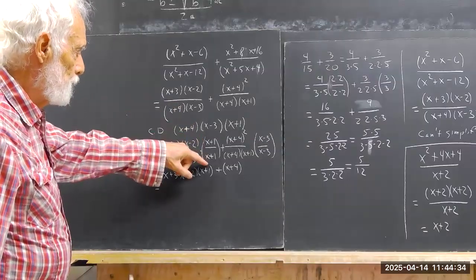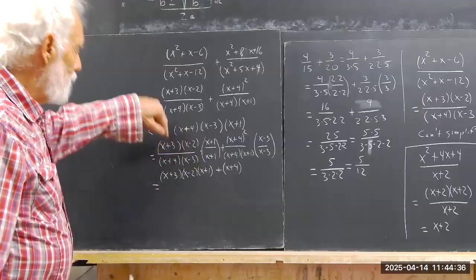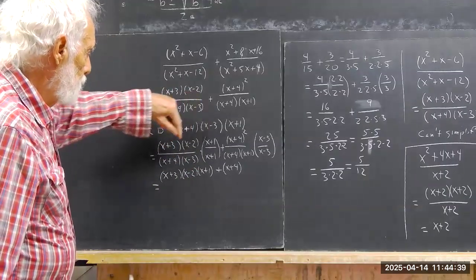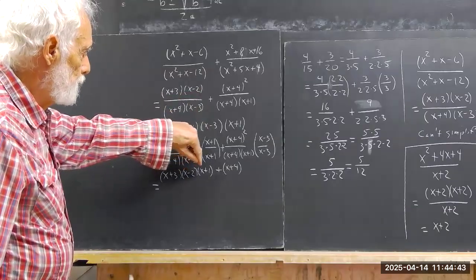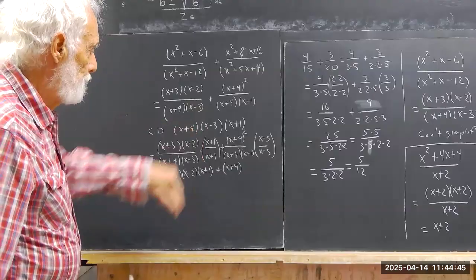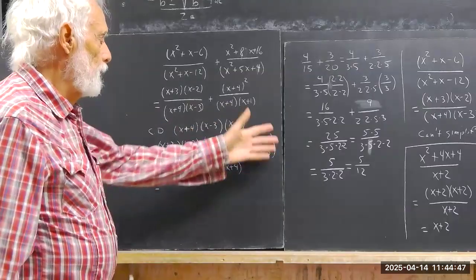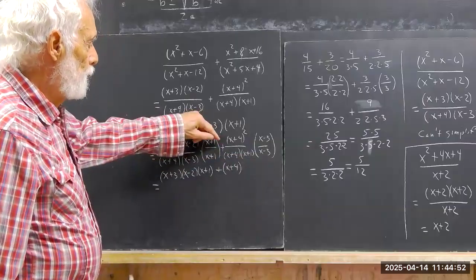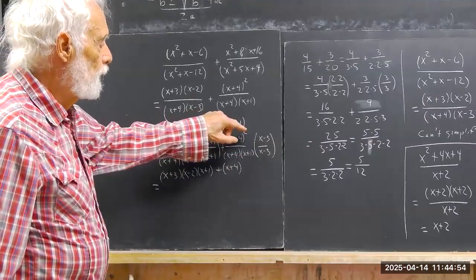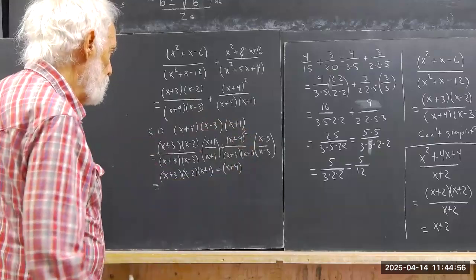When I multiplied by x plus 1 over x plus 1, I got another x plus 1. So my numerator of the first fraction is x plus 3 times x minus 2 times x plus 1. Okay, multiplied the second fraction by x minus 3 over x minus 3. My numerator then becomes x plus 4 quantity squared times x minus 3.